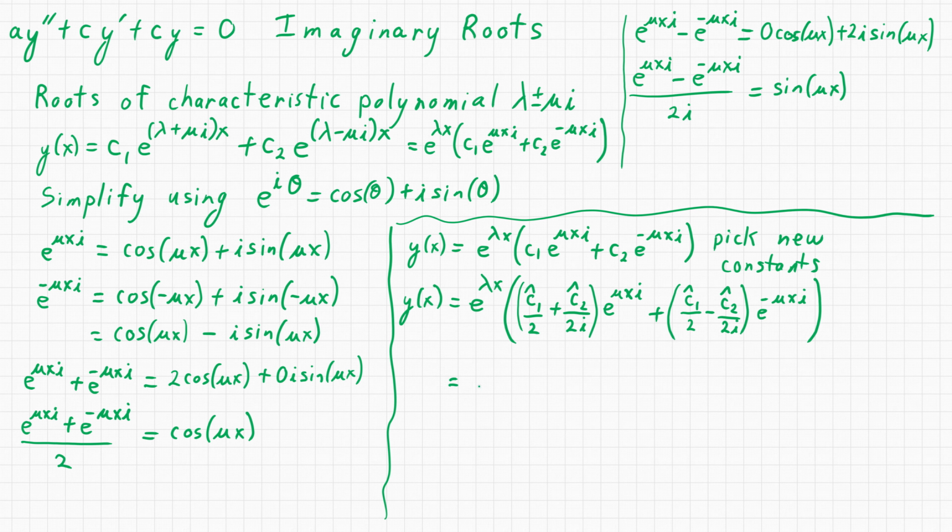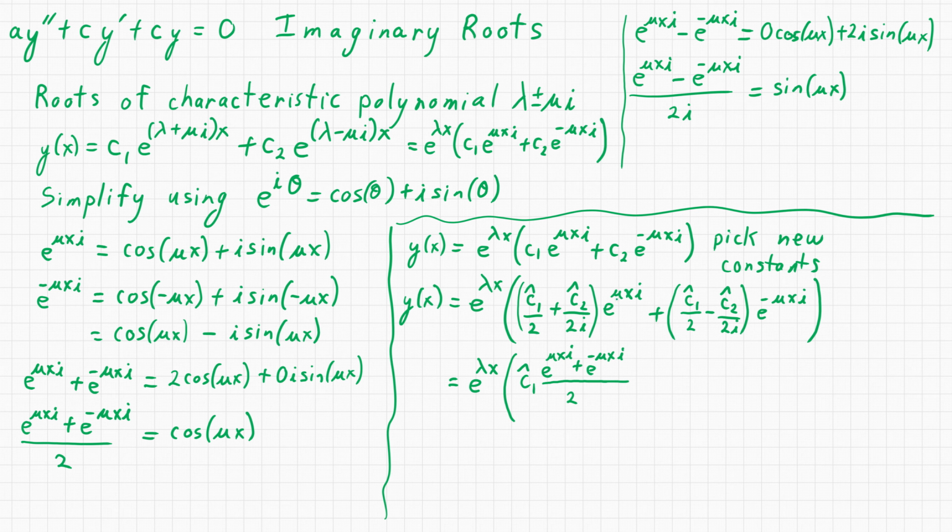So this is the same as e to the lambda x. Here I'm going to have c1 hat. So I have a c1 hat times a half times e to the mu xi, but I also have a c1 hat times 1/2 times e to the negative mu xi. So if we split all those up and recombine the terms, this is e to the mu xi plus e to the negative mu xi over 2.